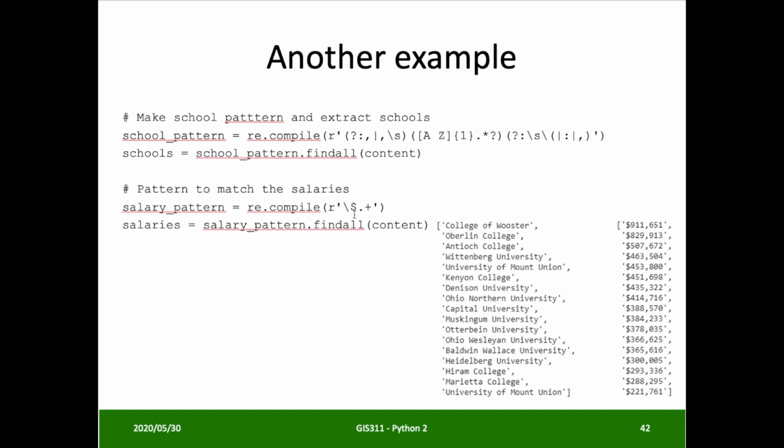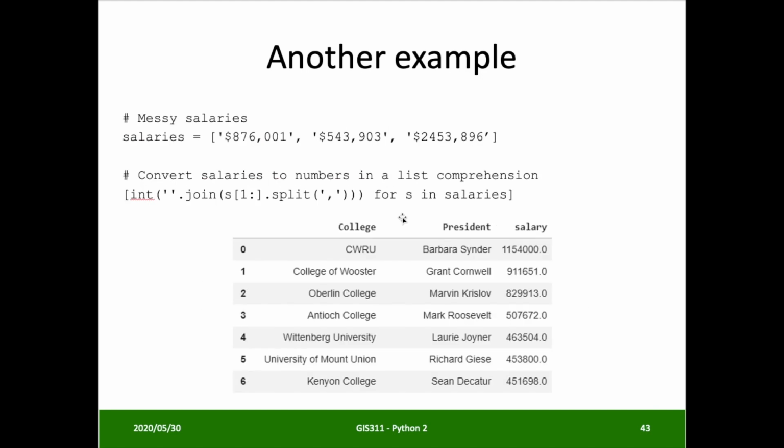Again, we create a pattern from the dollar sign until the next comma or semicolon. We extract the values again to get our salaries. Then in the end, we can create a little table like this with all these values. Now it is much easier to handle, and we can much more easily query it and so on.